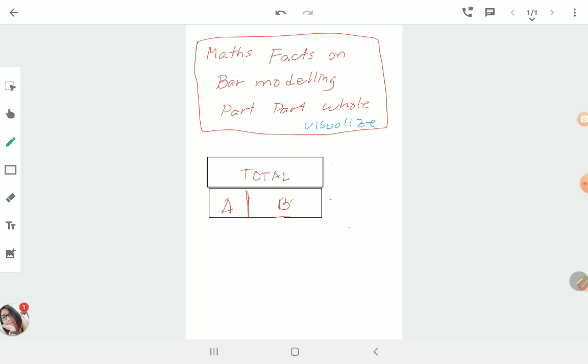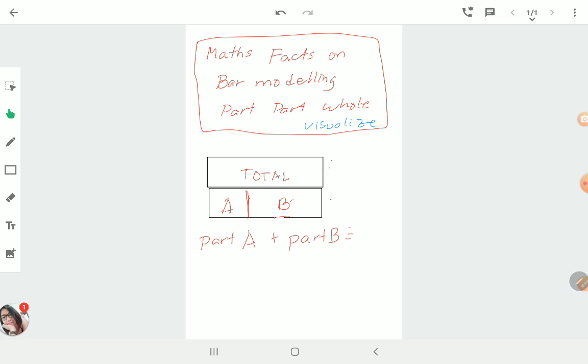Well, the first one is that your part A plus the part B is equal to the total. Wait, I have no space there. I will write it down here. Again, it's the part A plus the part B. Regardless of what number is that A, what number is that B, we don't care about it.